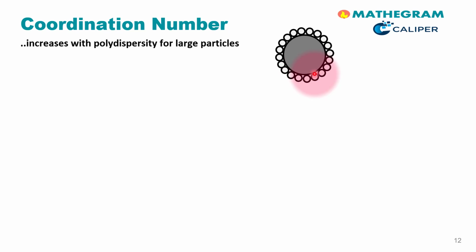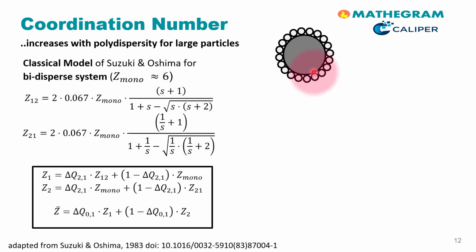Also, we often have to keep some additional data in memory for each of these contacts, for example, the tangential overlap or the deformation history. We can estimate the number of contacts using the classical model of Suzuki and Oshima for a bidispersed system. Note that a monodispersed packing will have a coordination number that is approximately 6 in case we are near close pack.